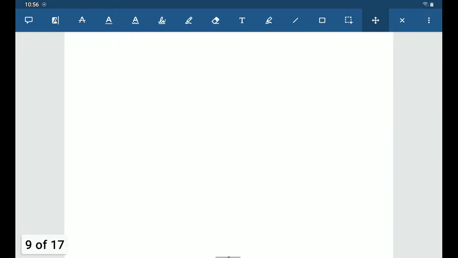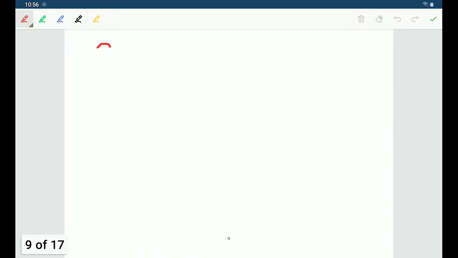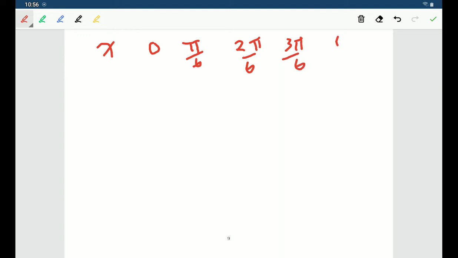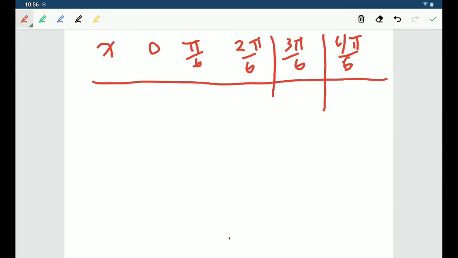So let's start by getting our little table of values for our 5 key points. We would have 0, pi over 6, 2 pi over 6, 3 pi over 6, and 4 pi over 6. And same thing that I said before, I'm not simplifying these numbers yet because we're still going to be applying a phase shift, and so I'll do the simplification once that's all said and done.